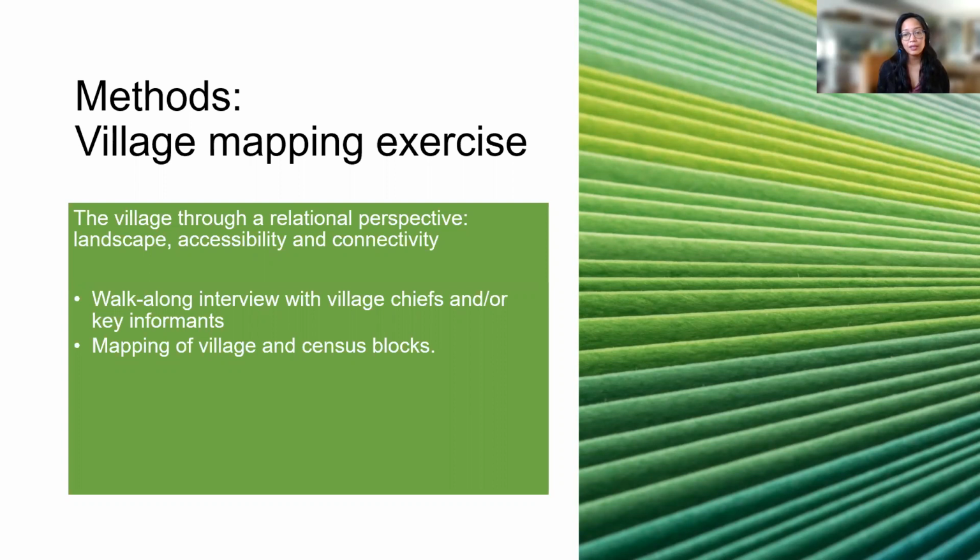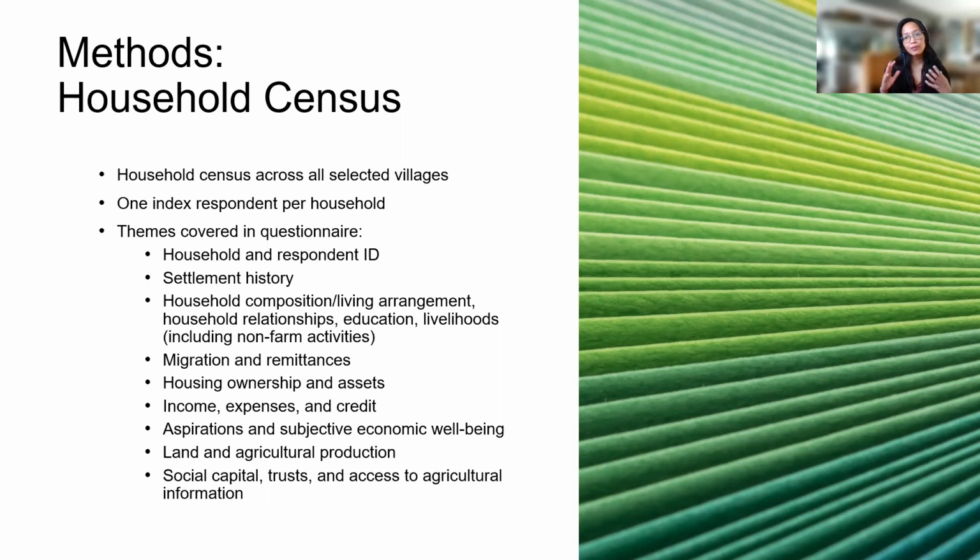This exercise would involve primarily interviews with the village chief and key informants in the site. And this is to be complemented by a mapping exercise so we can understand the spatial and the social characteristics of the village. Once we have a map of the village, the next step is the household census.